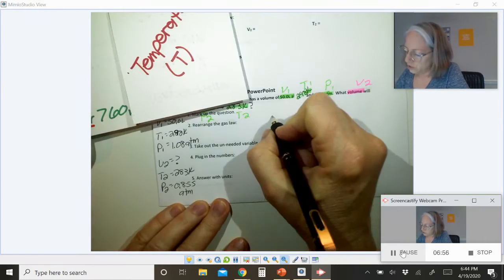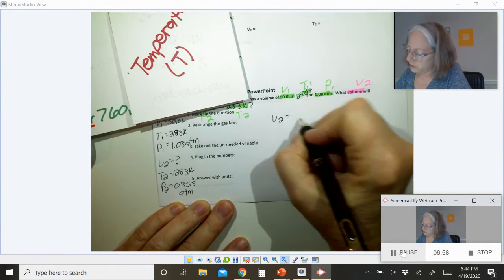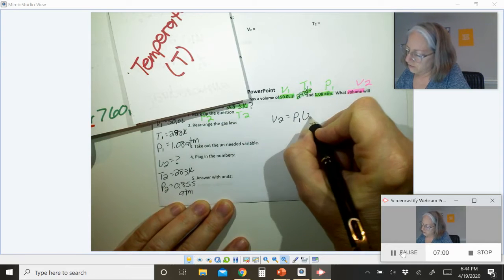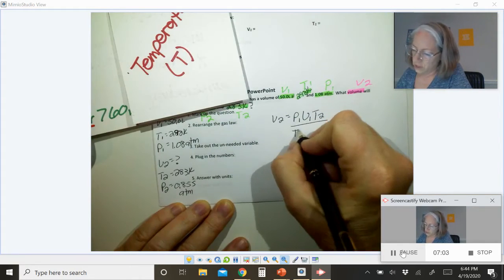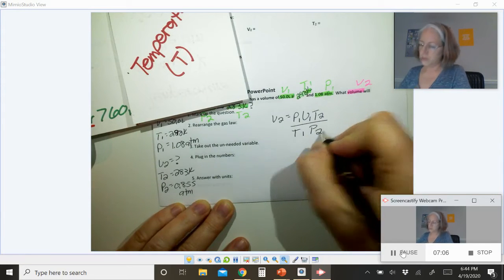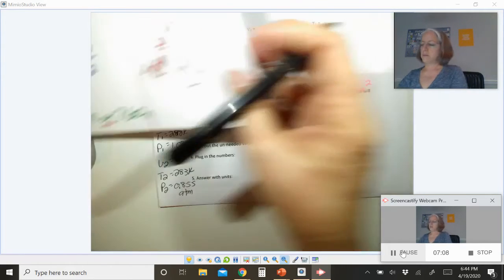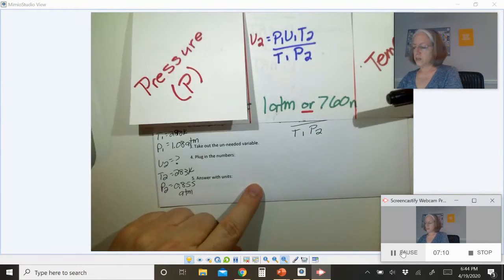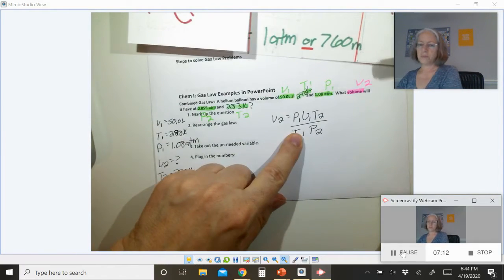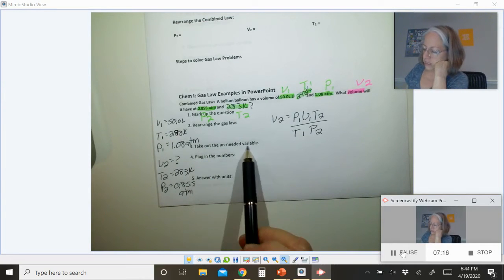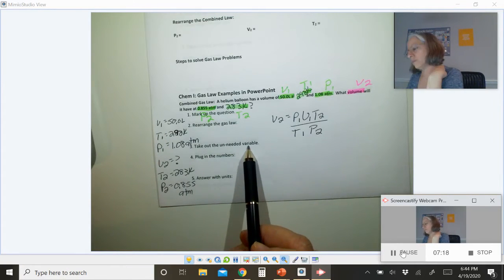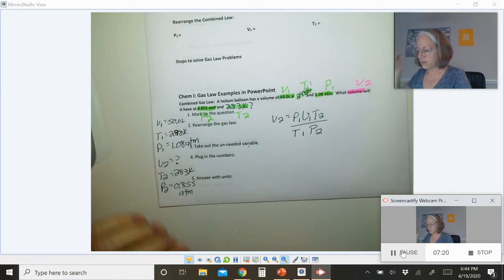So V2 equals P1 V1 T2 over T1 P2. So we make it match. Rewrite the formula on your paper. Take out unneeded variables. That's a step that we're going to learn about next, so we're going to skip that one for now.